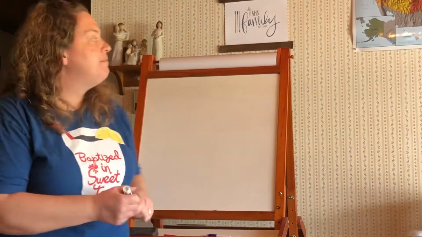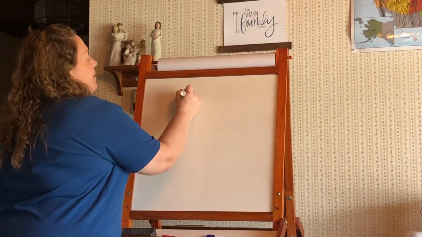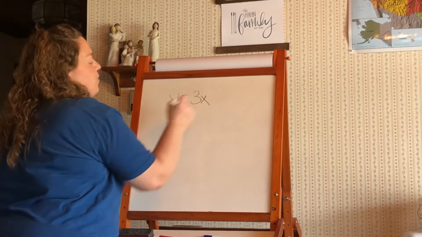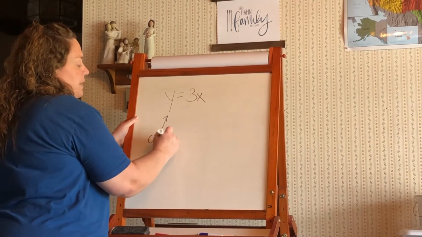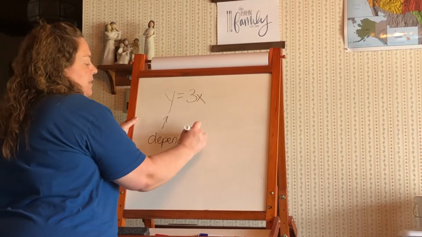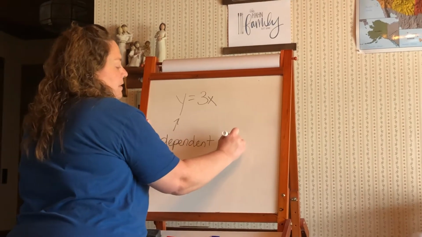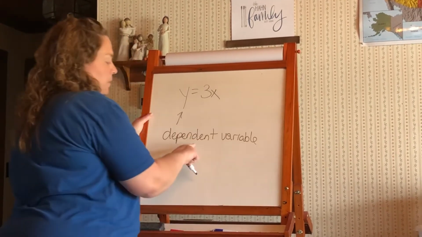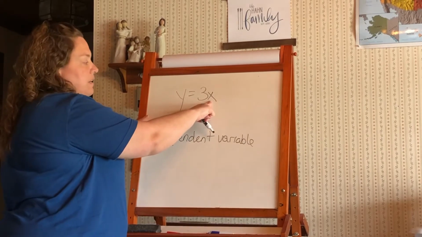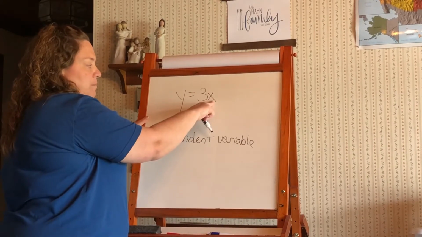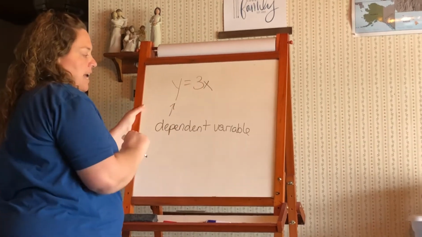In this type of equation, this is called your dependent variable. It is dependent on whatever you put in for x. It is going to change depending on what you put in for x. It is dependent on that.